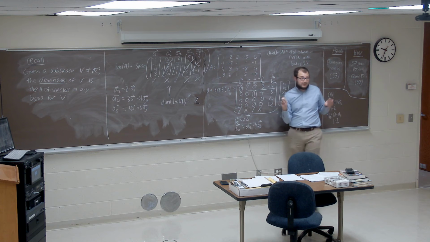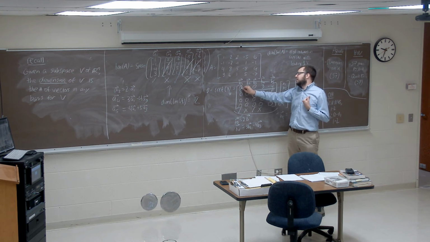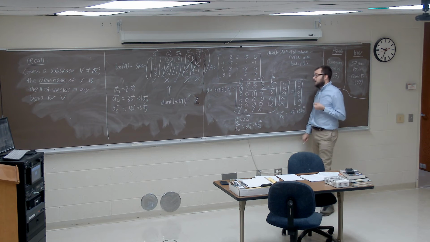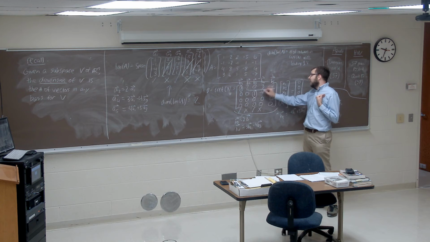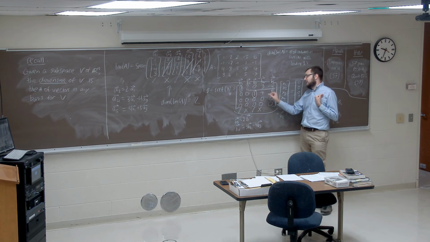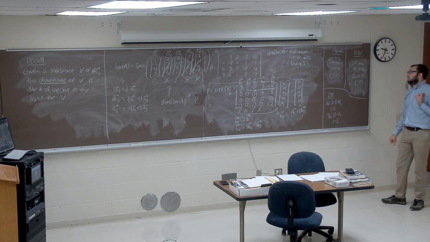Those happen to be exactly the columns with the leading ones in them. B2 was 2 times B1, so it wasn't needed. B2 didn't have any leading ones in it. B4 and B5, columns without leading ones in them, can also be written in terms of B1 and B3. So as a rule of thumb, the number of columns in your reduced row echelon form with leading ones is going to be the dimension of the image.